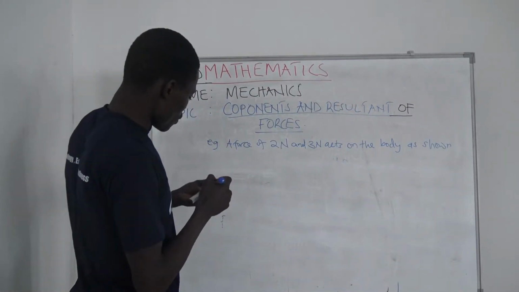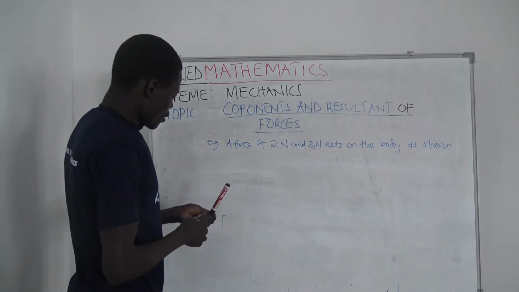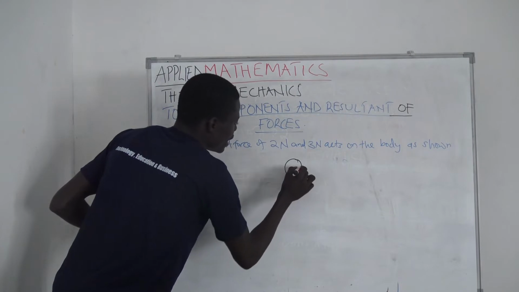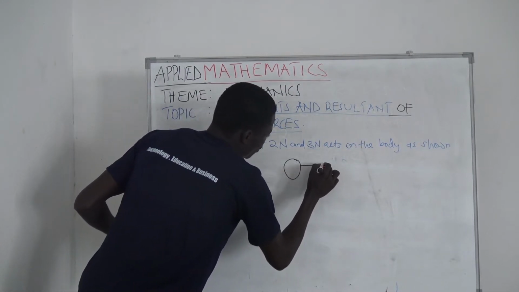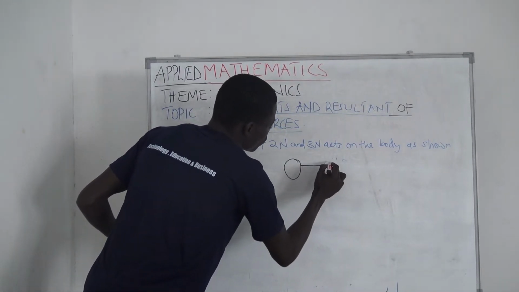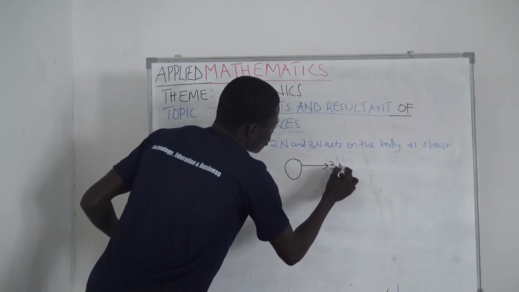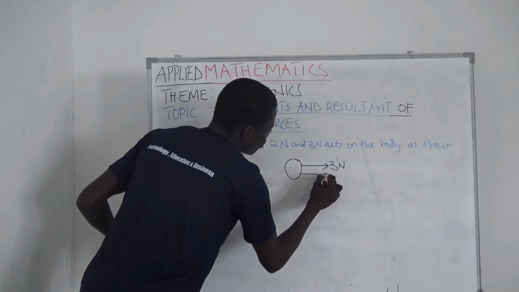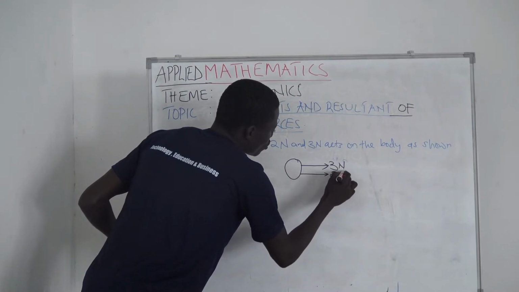So this is the body and this is the force. This is 3 newtons and this one is pulling in the same direction as the 2 newtons.